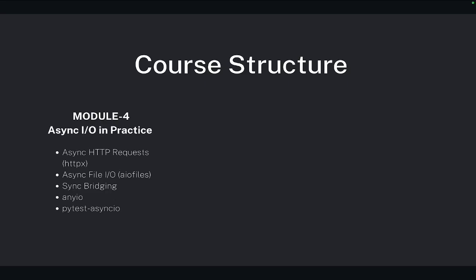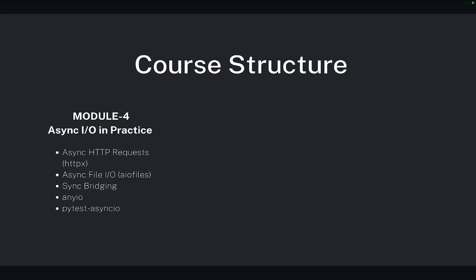In practice, we often need to work with synchronous libraries, for example, pandas or gzip, or legacy code that isn't async. We'll learn how to bridge sync code in our async apps. FastAPI uses AnyIO, which abstracts the underlying AsyncIO or Trio implementation.